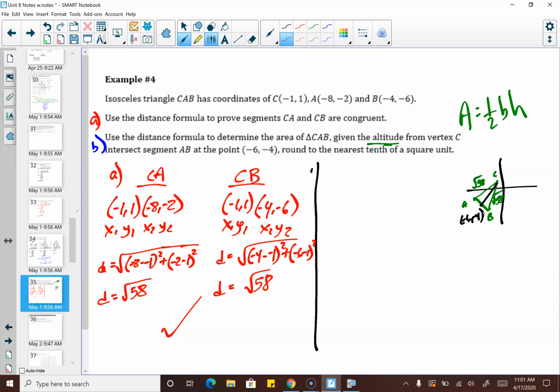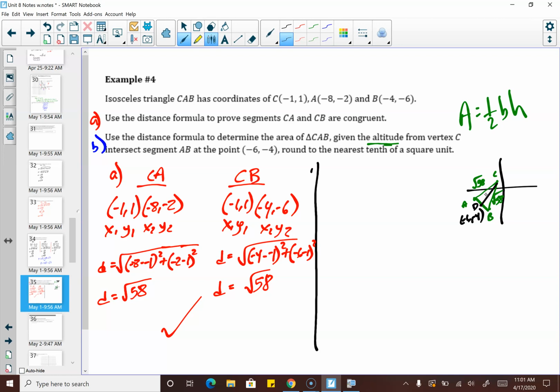Okay, so what we need to do is find AB, which is our base. Now you could use the distance formula, or you could use, oh, actually, sorry, you can't use Pythagorean theorem, not a right triangle. So we need to find the distance from A to B using our distance formula. Then we need to find the distance from C to, we'll call that point D, to find our height.